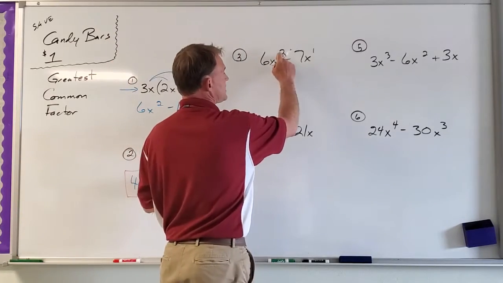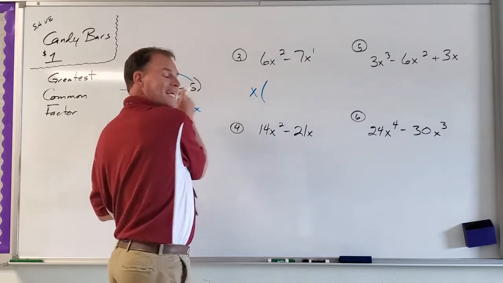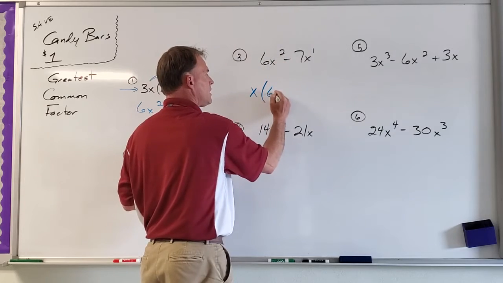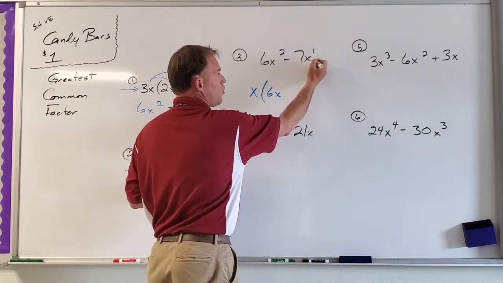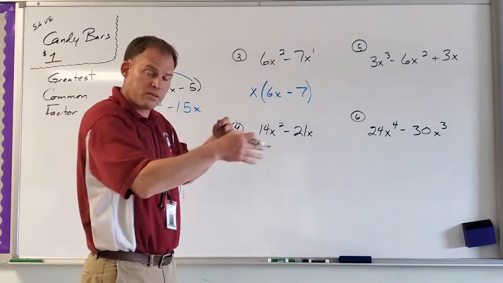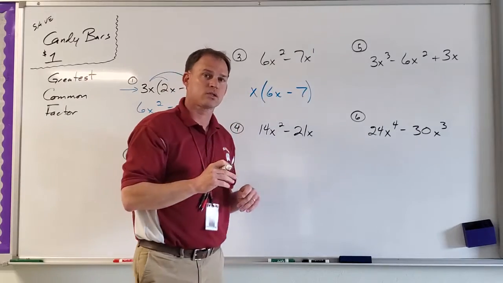So in this case, I have x to the second, x to the first. So I'm going to take out an x to the first. So if there's 2 x's here, now there's 1. There's 1 x here, now there's none. So I worked backwards to factor out the x.